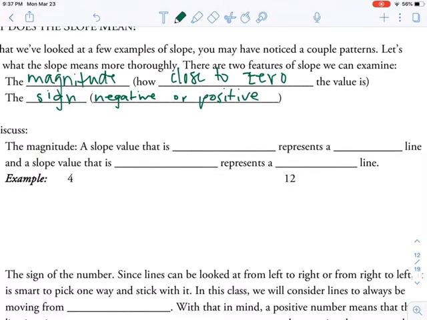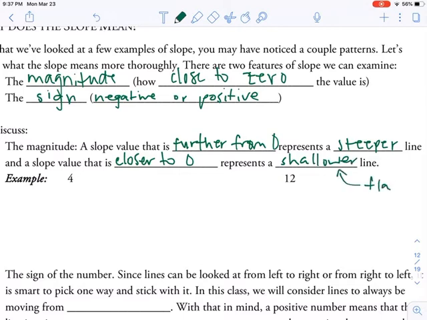So a slope value that is further from 0 represents a steeper line, and a slope value that is closer to 0 represents a shallower line, okay, and another word for shallower, in case you're not sure, is flatter.